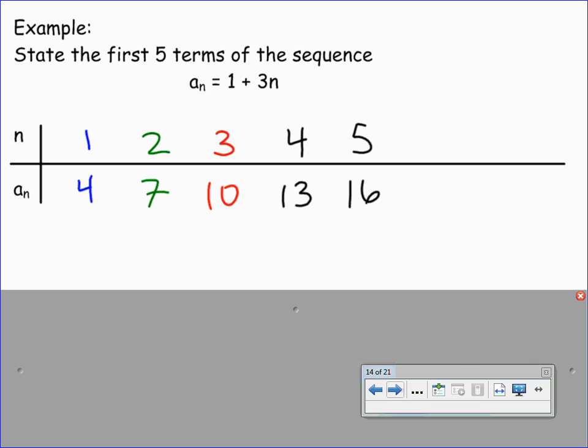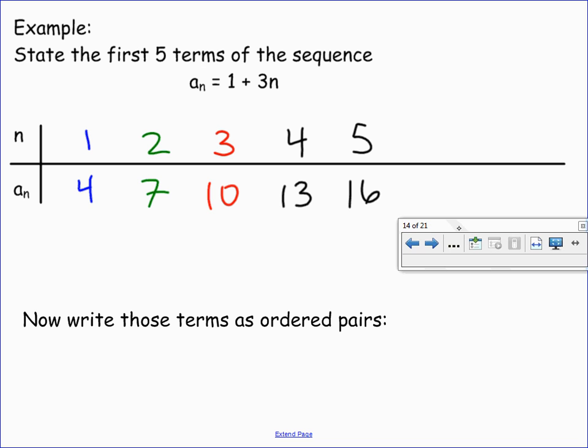Great. Now let's go ahead and write these as ordered pairs to reinforce the idea that a sequence is in fact a function. A sequence is a function that pairs inputs that are term numbers with outputs that are terms, or term values. And so these are all ordered pairs that are a member of this relation. A sequence is a function.